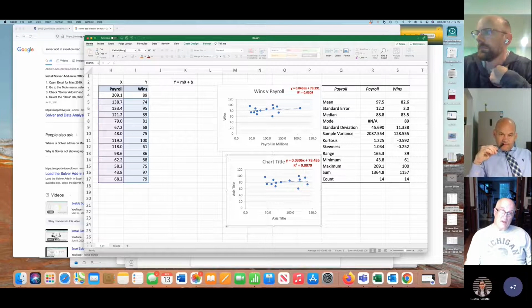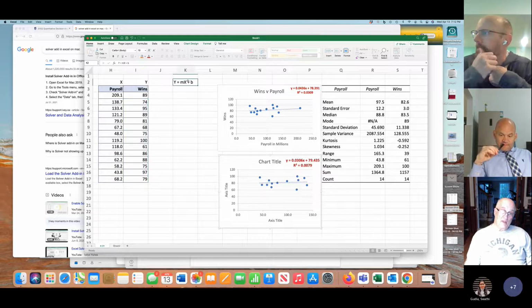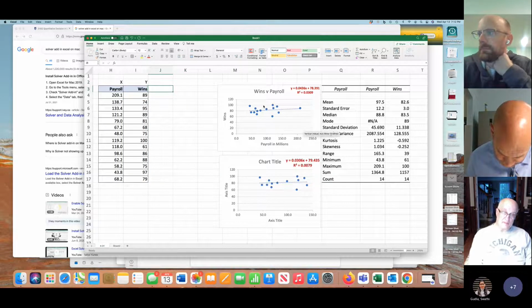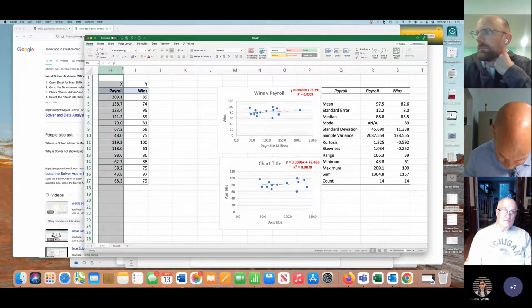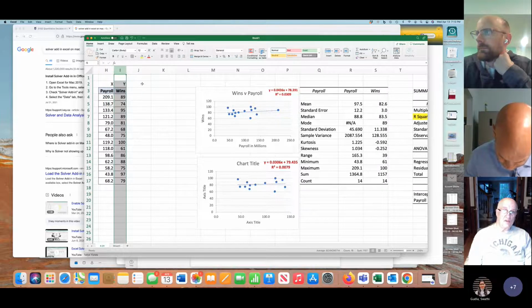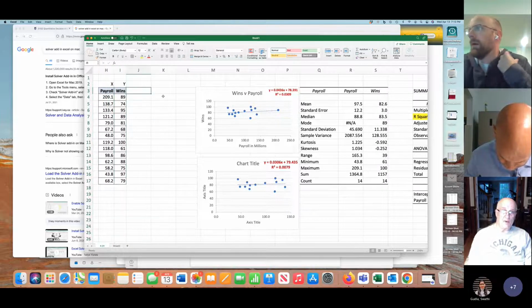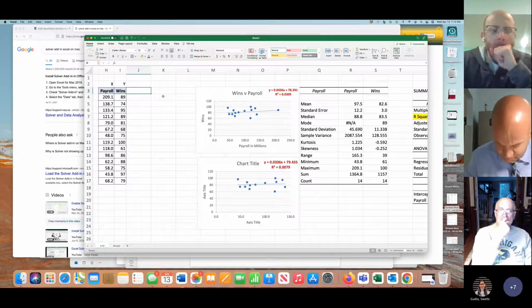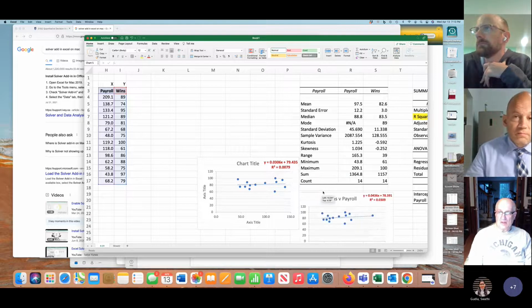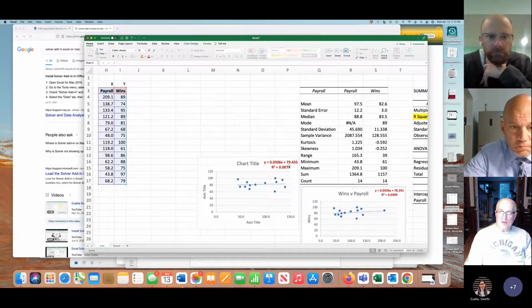You can always make them bigger again. Why am I making it smaller? I want to do some stuff over here. Let's make these smaller too. In fact, I'm going to put these underneath, get them out of the way.